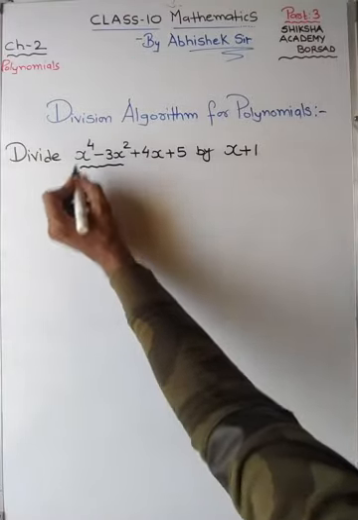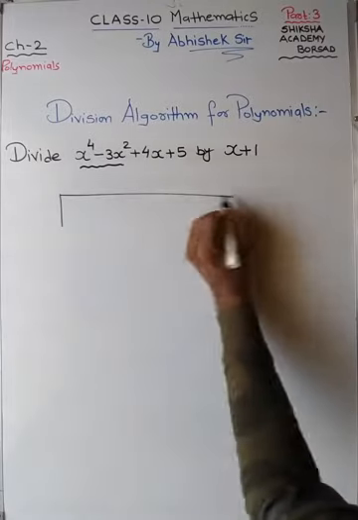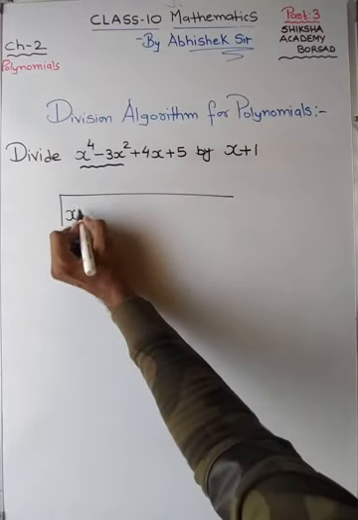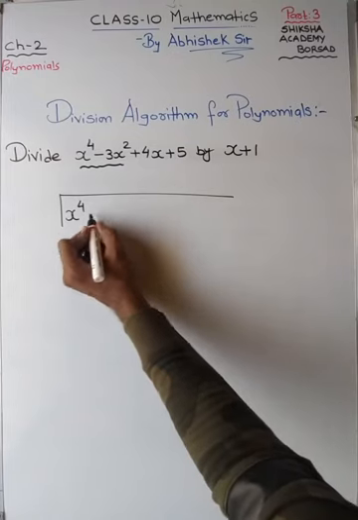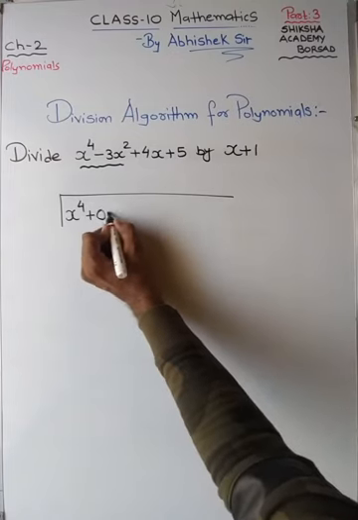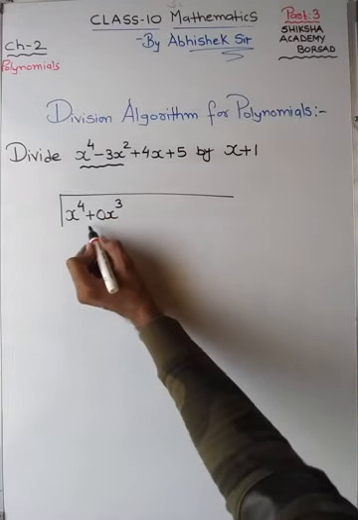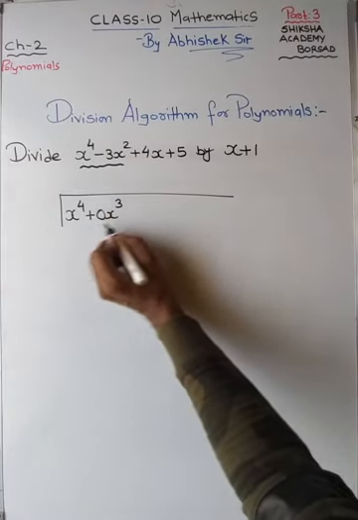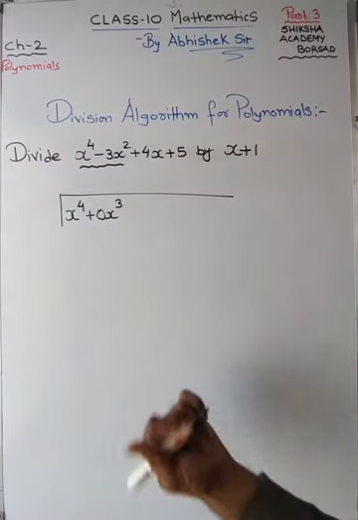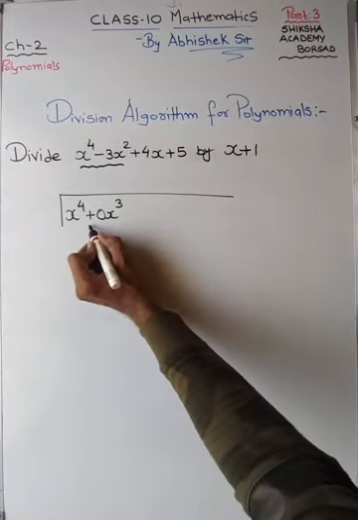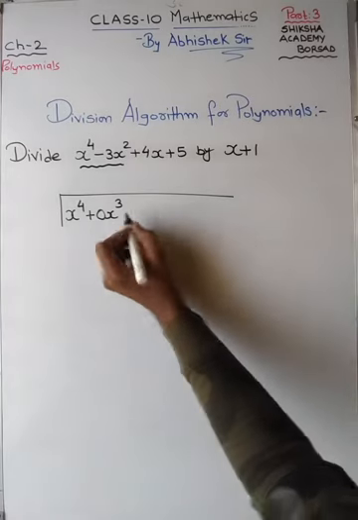Here we don't have any term containing x raised to 3, so we will write plus 0 x raised to 3. This term is extra but it doesn't have any kind of value, right? But it will help in the division process. That is why this is a ghost term, right?